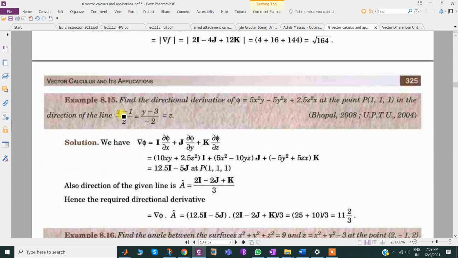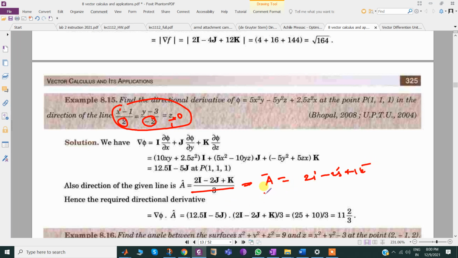Here, whenever in a problem the direction of a line is given to find the direction derivative, these are called the DRs. The required vector is written here, A cap. Simply our A bar is equal to 2 i bar minus 2 j bar plus 1 k bar.